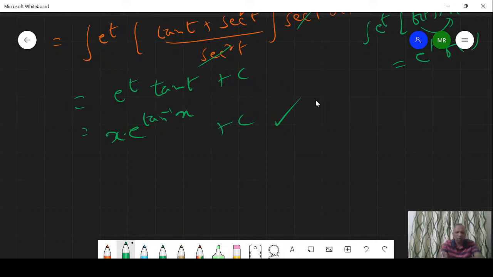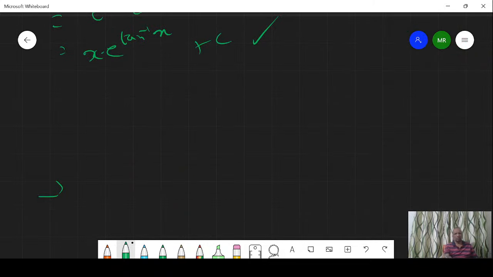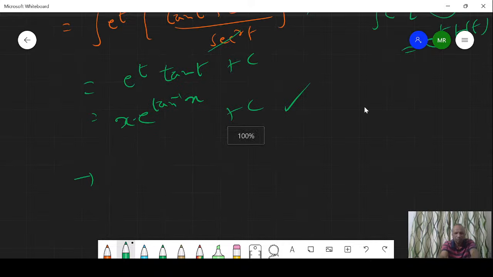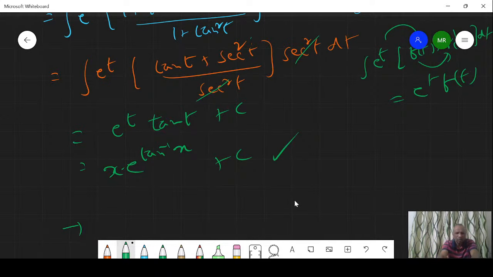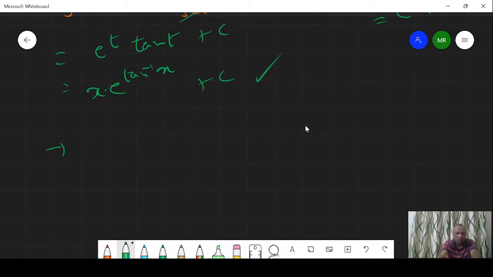Now I am going to do another problem. Integral 0 to 1 sin inverse x dx. When I am doing this, integral 0 to 1 sin inverse x dx. Alright, you can see now.